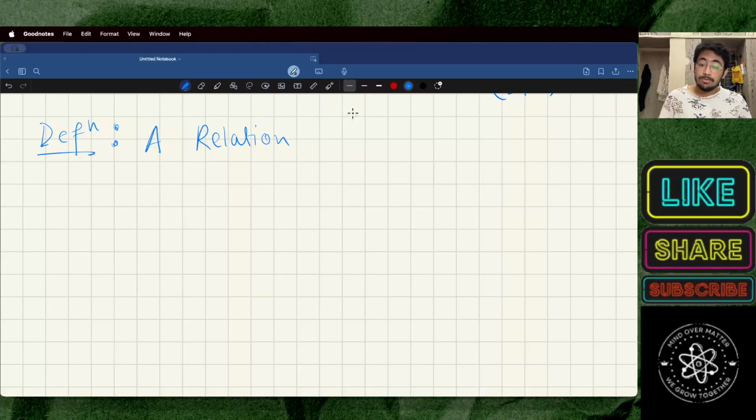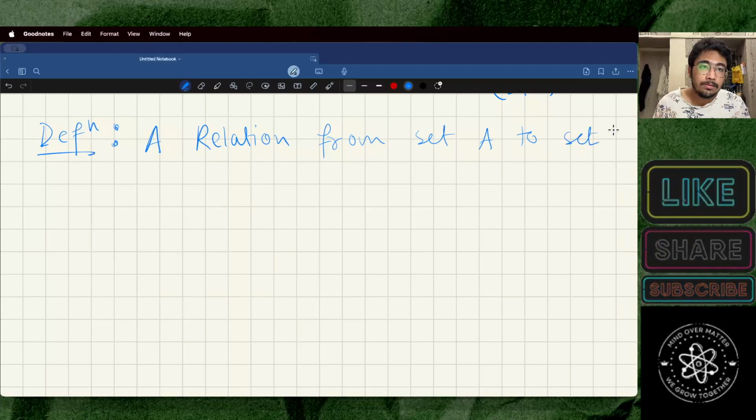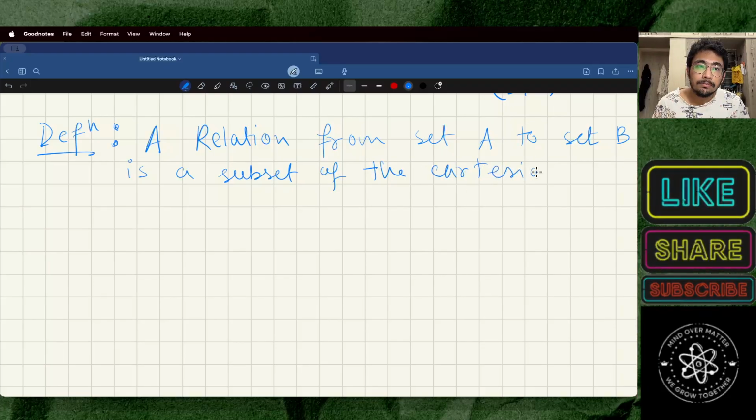A relation from set A to set B is a subset of the Cartesian product of A and B. I hope you are familiar with Cartesian product.